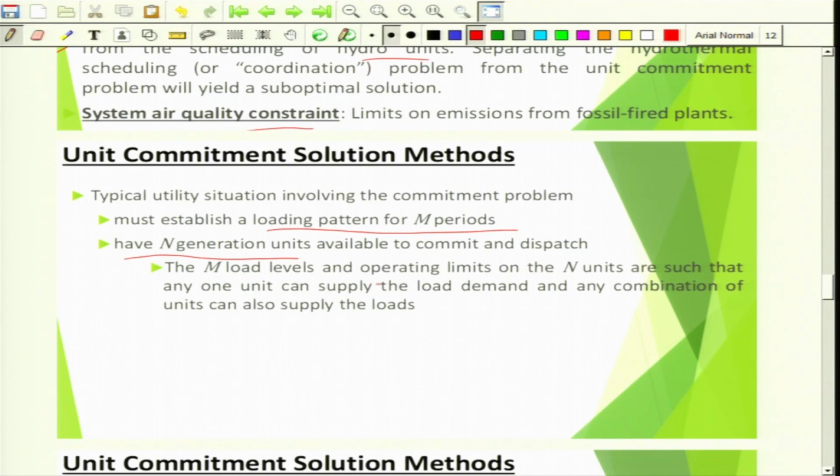Now the m load levels and operating limits on the n units are such that any one unit can supply the load demand, and any combination of units can also supply the load demand. As we have already discussed, let us say there are 3 units, even one unit can meet the load demand, or 2 units can, or 3 units can.